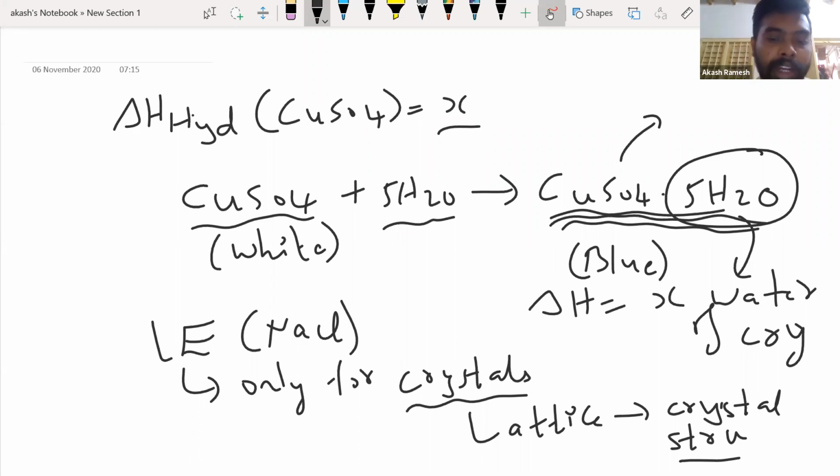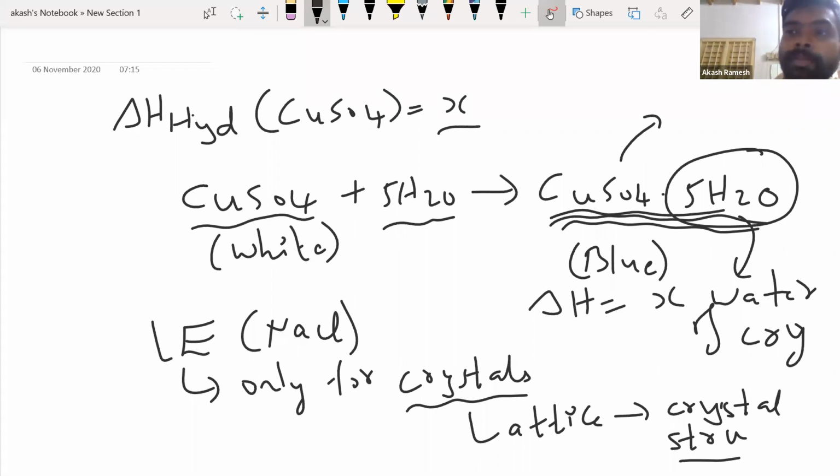At that time we'll study in depth the different types of lattices and the different types of crystal structures possible for all crystalline compounds. But for now, we just have to understand that lattice means the crystal structure. So lattice enthalpy means the energy required to break the crystal structure, or the energy required to break the lattice. As simple as that.